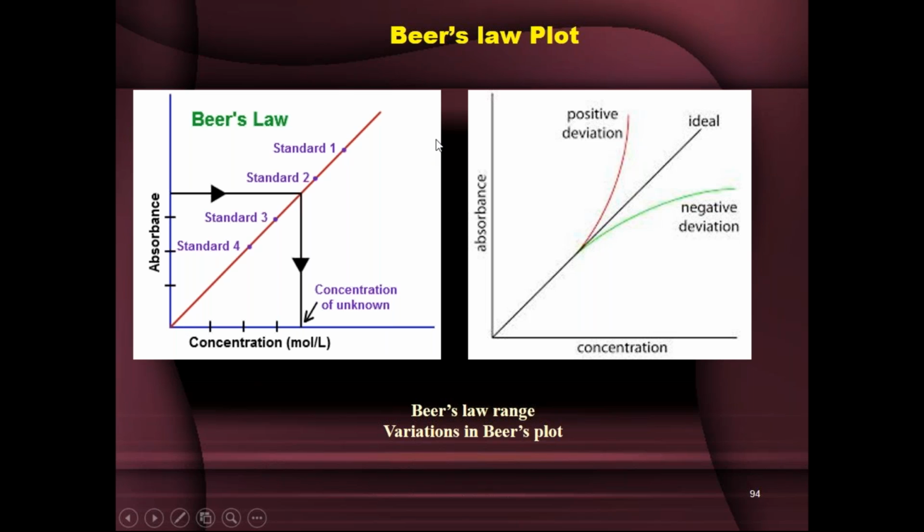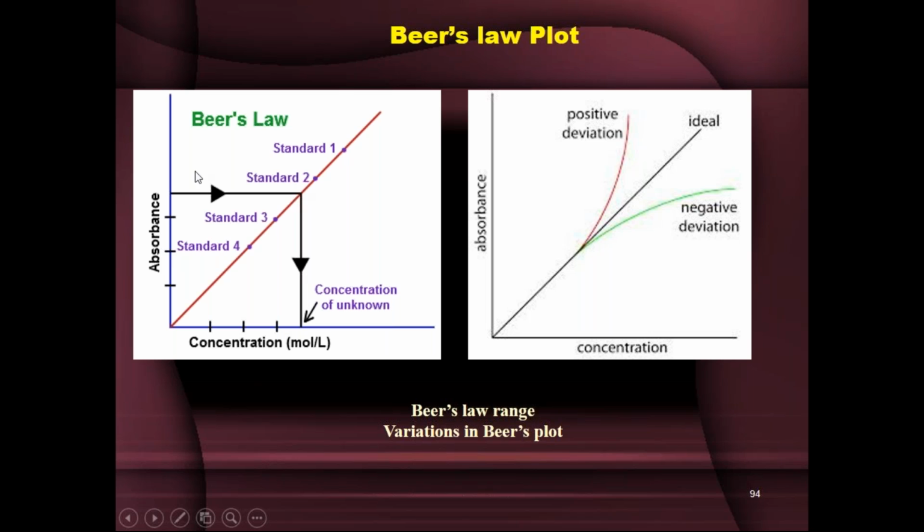This is a straight line plot passing through the origin, and because of the shape of the line, it clearly indicates that as the concentration increases, the absorbance is also increasing. For a small concentration, the absorbance is this. For a larger concentration, the absorbance is higher.